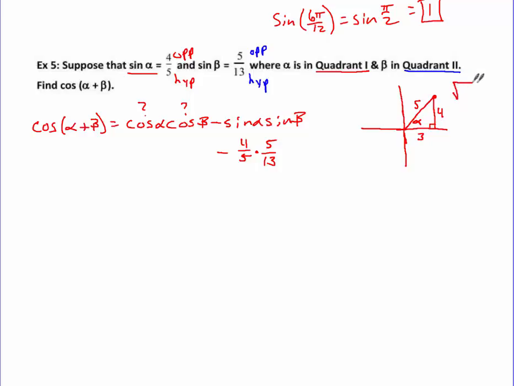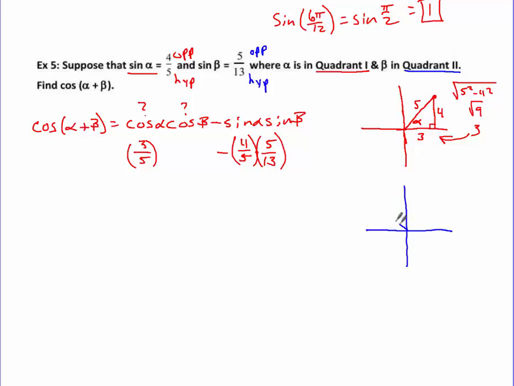If you didn't, you would do the square root of 5 squared minus 4 squared, get the square root of 9, which is 3. And that would tell you that that's 3. So the cosine of alpha is adjacent, which is 3, over hypotenuse. So now we just need to figure out what the cosine of beta is, multiply everything together, subtract it, and we'll be done. So angle beta.